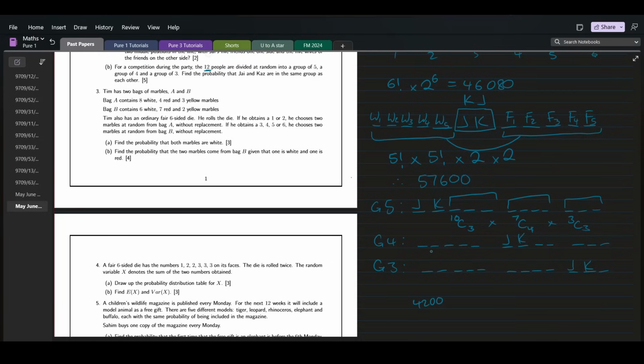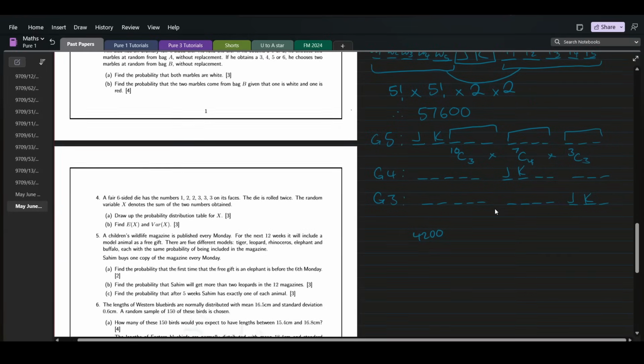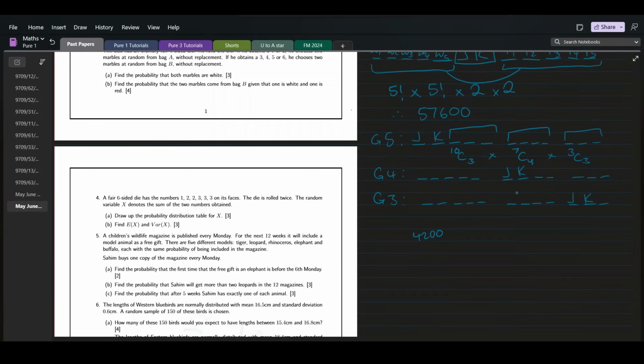Okay, and then let's evaluate the scenario in which they are in the group of 4. So again, we've already removed J and Kaz from the group of 12, meaning that 10 people remain. And in this case here, we're choosing them into 5 slots. So that's 10 choose 5, subtract those 5 from 10. That becomes 5 choose. In this case, we only have 2 slots in that group. So that's choose 2.